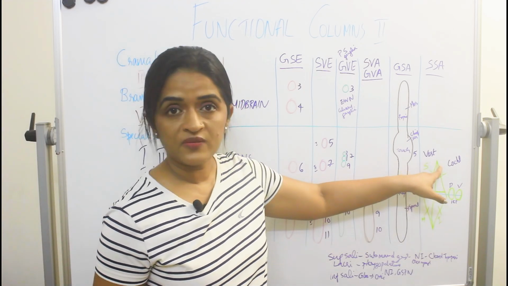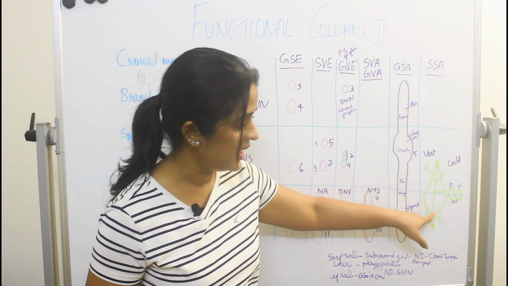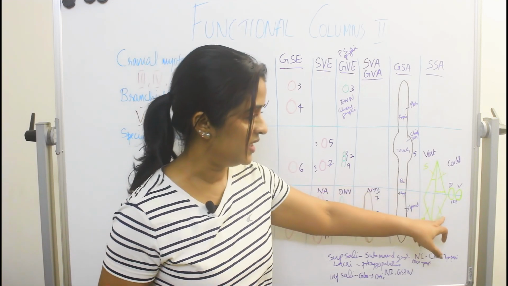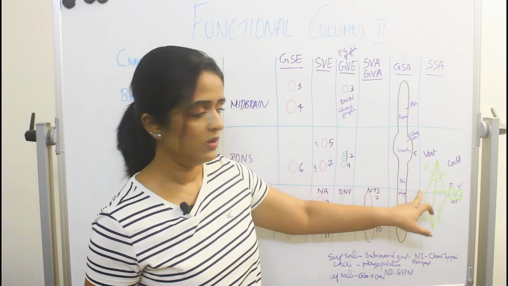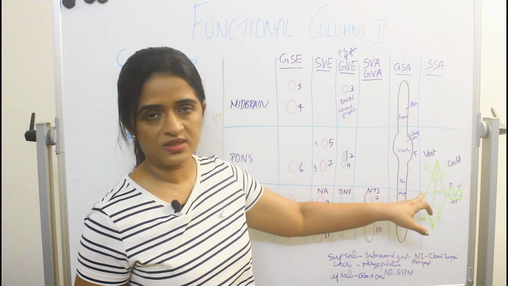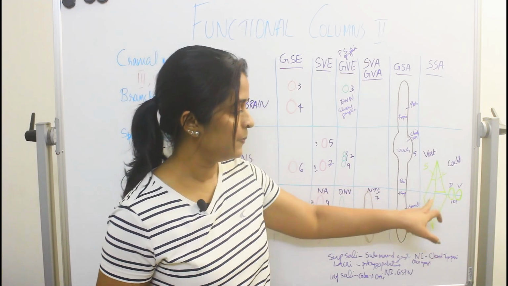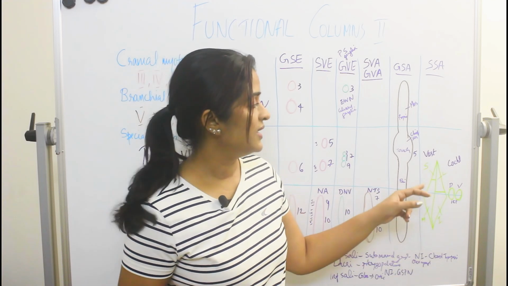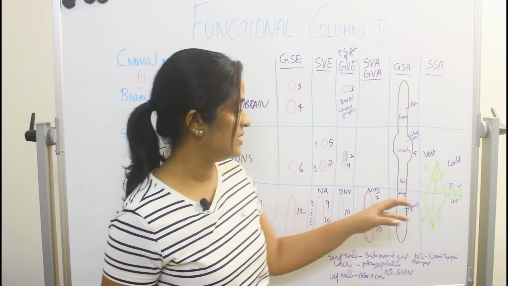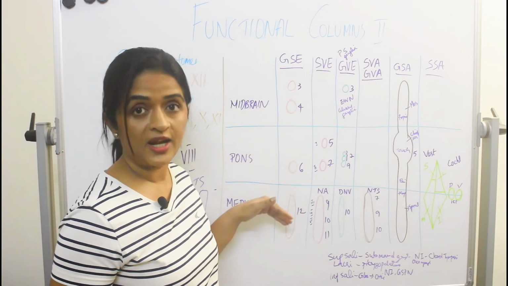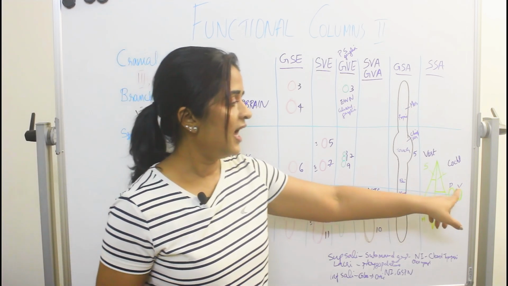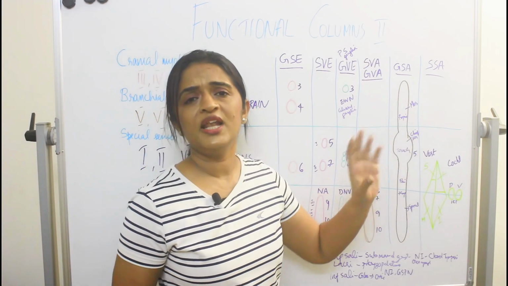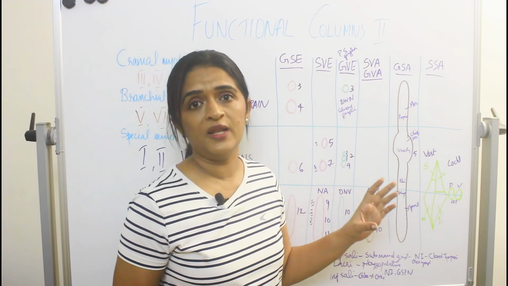When you talk about the vestibular nucleus, it has four components: superior, inferior, lateral and medial, with the superior, inferior, medial and lateral arranged diagonally opposite. That is the vestibular nuclei, shared between the pons and medulla. And the cochlear nuclei are arranged dorsal and ventral to the inferior cerebellar peduncle.